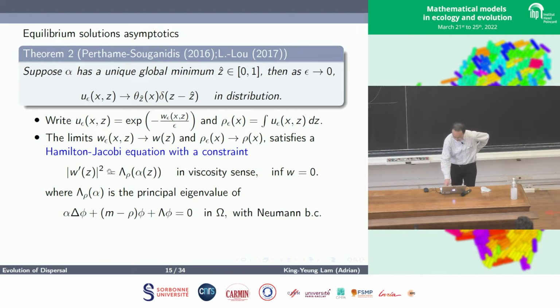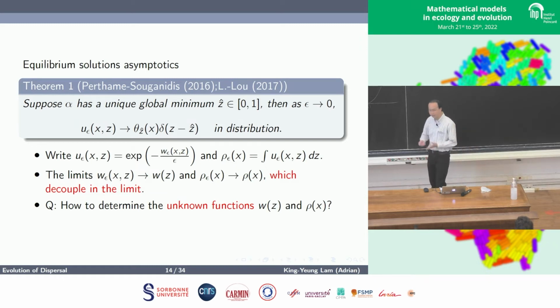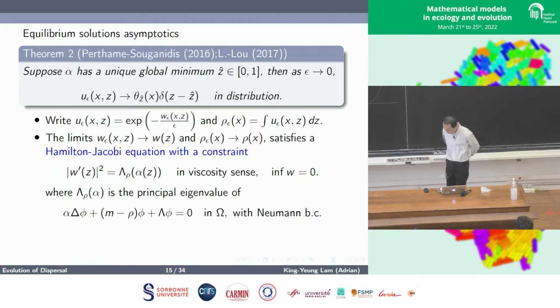Here it is a question of what the fitness is in this evolution model. In the previous model, the fitness is capital R: if you are phenotype z, your fitness is the growth rate. But in this model, one has to find a kind of effective fitness. If you are type z invading a type z bar, how do we determine the fitness relative to two traits? At the level of the equilibrium solution, it is expressed as an elliptic principal eigenvalue.